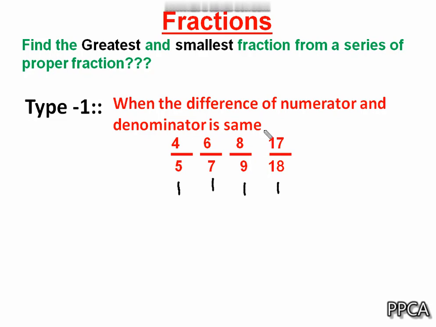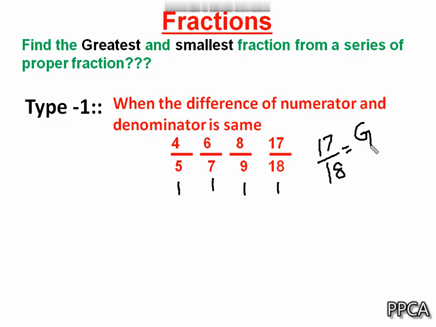Here the numerators are 17, 8, 6 and 4. The greatest number is 17, so the greatest fraction will be 17 by 18. This trick works only when the difference between the numerator and denominator is the same.